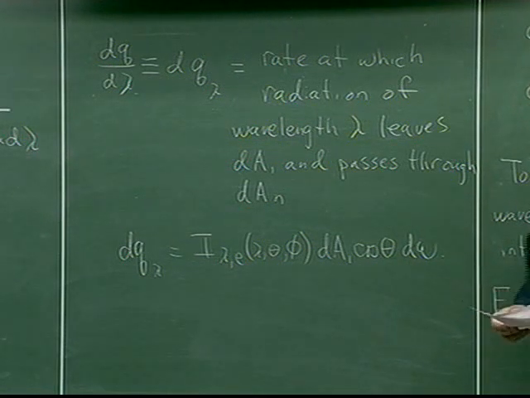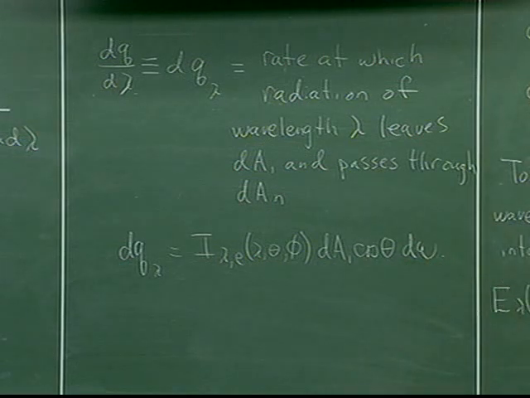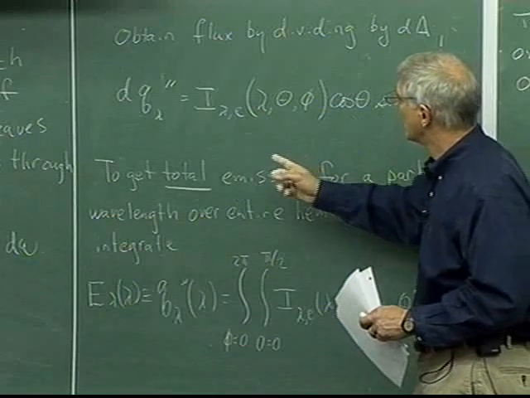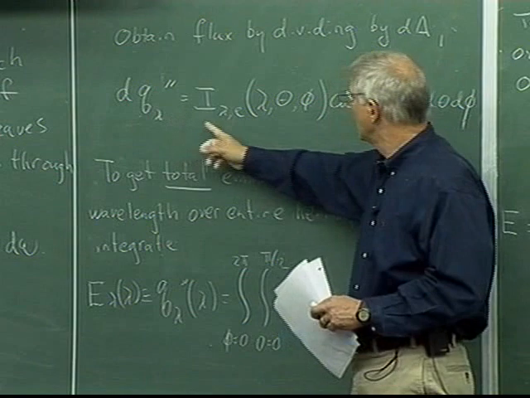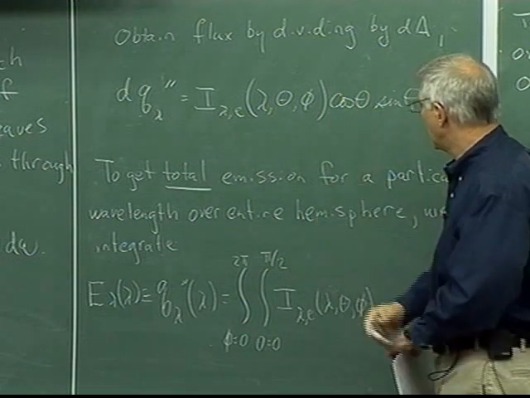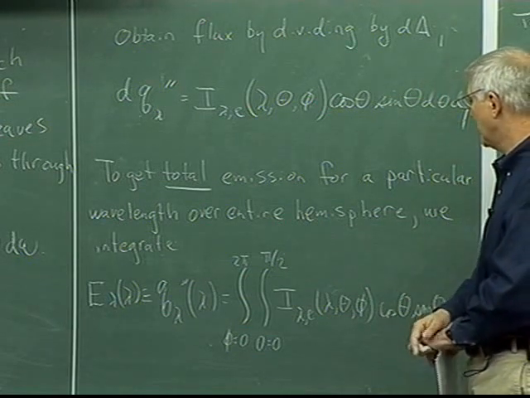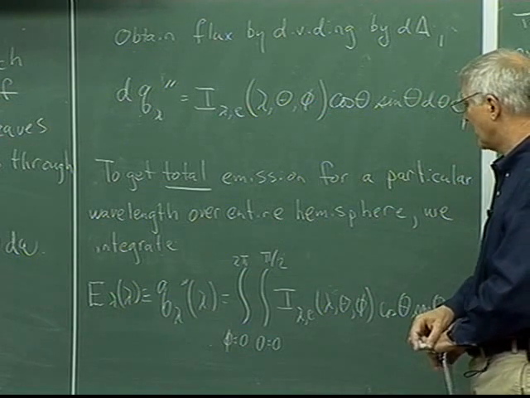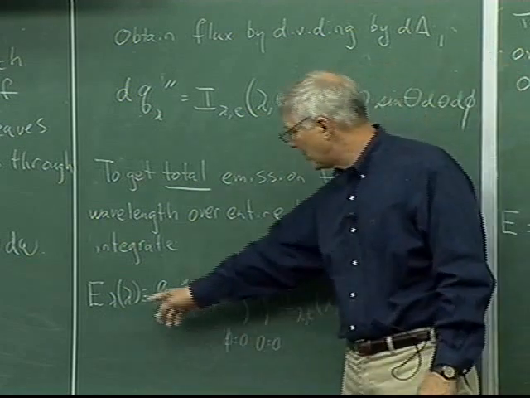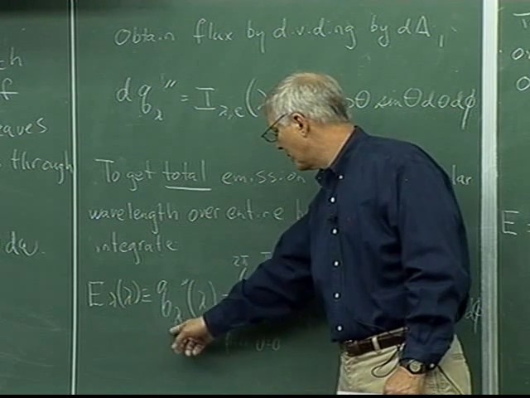However, we can get the total flux, meaning the radiation per unit area emitting from the surface, by dividing by dA1. So we come over to this board, and I've defined the flux. So we divided by dA1, which meant we just get rid of that. Now, to get the total emission for a particular wavelength of our entire hemisphere, we need to integrate. So I've defined this term over here, E, for the total emission for a particular wavelength.